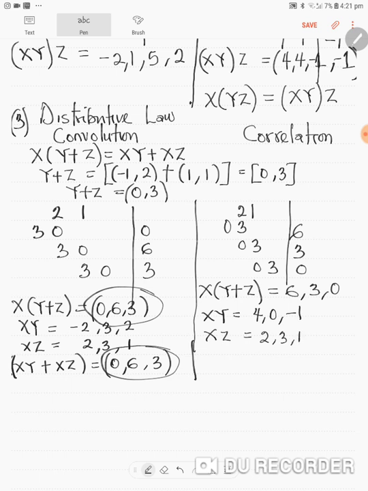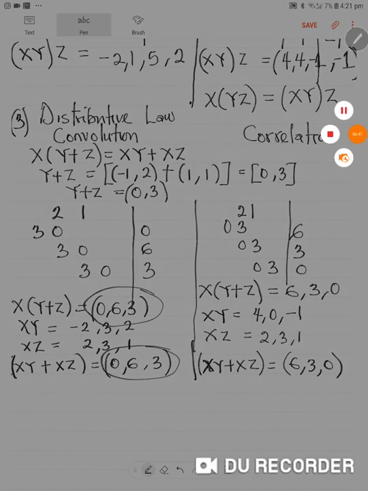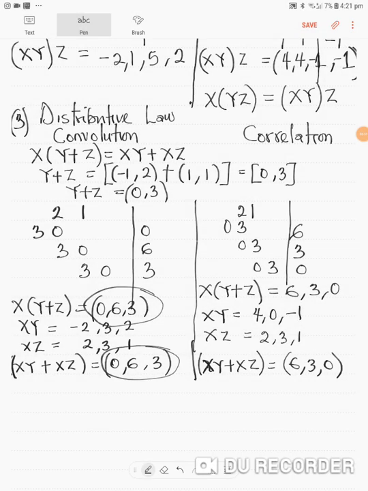So xy plus xz is equal to 4 plus 2, 6, 0 plus 3, 3, minus 1 plus 1, 0. So you can see that correlation also obeys distributive law. So convolution and correlation obey distributive law.